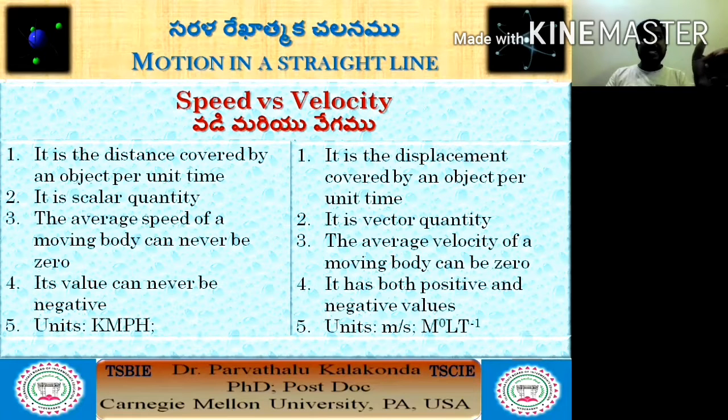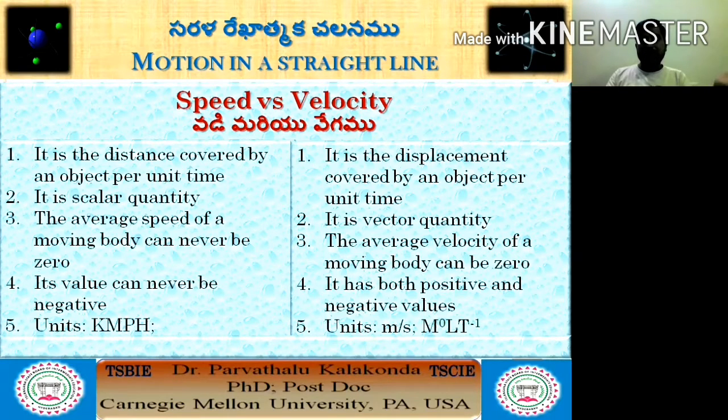So the distance covered by an object per unit time is actually speed. We are not talking about displacement here. So speed is basically the total distance covered by the object per unit time. That is speed. It doesn't have any direction.